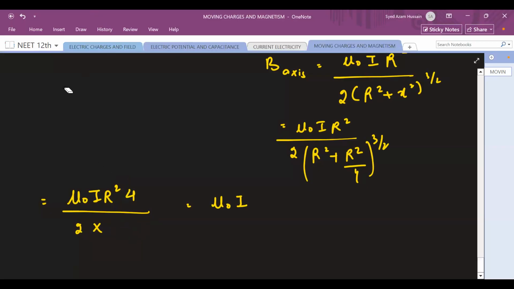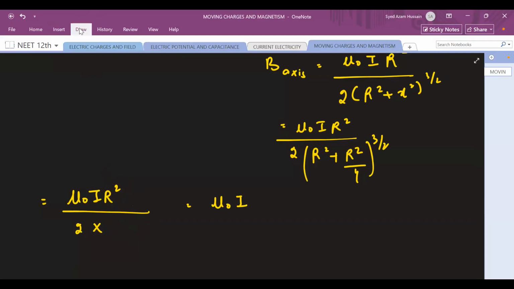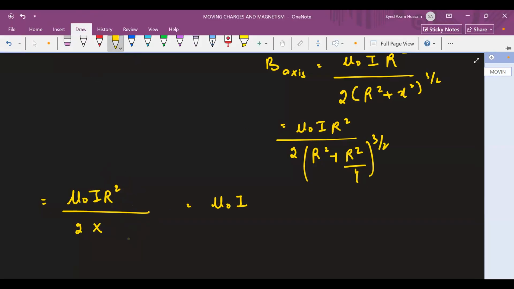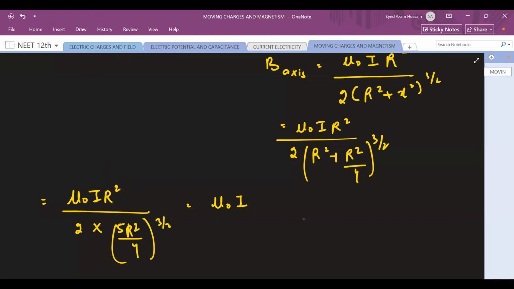This will be equal to mu naught I r square divided by 2 into 5r square by 4 to the power 3 by 2. Look, 5 by 4 to the power 3 by 2 is written as root 5 divided by 2 whole cube.